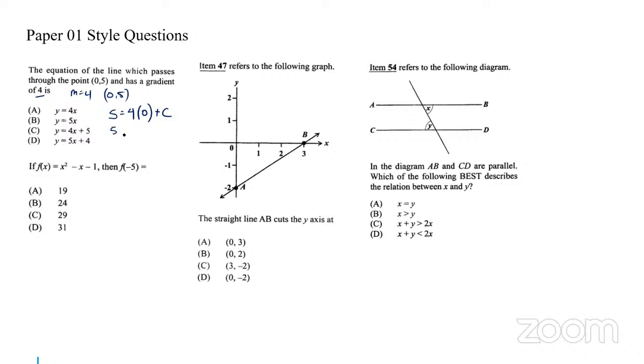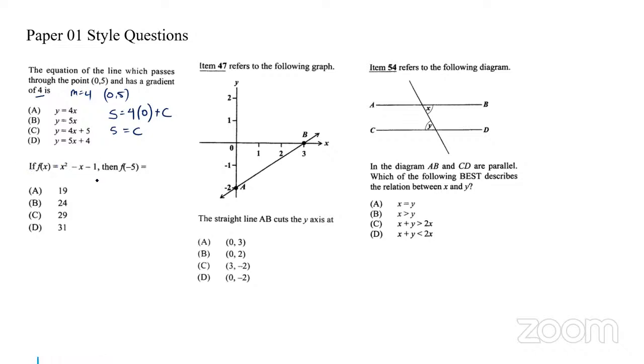So 4 times 0 is going to give me 0. So 5 is going to be equal to c. So as it says here, there is a response already that has 4 being the gradient, m equal to 4, and 5 being the y-intercept. All right, moving along.